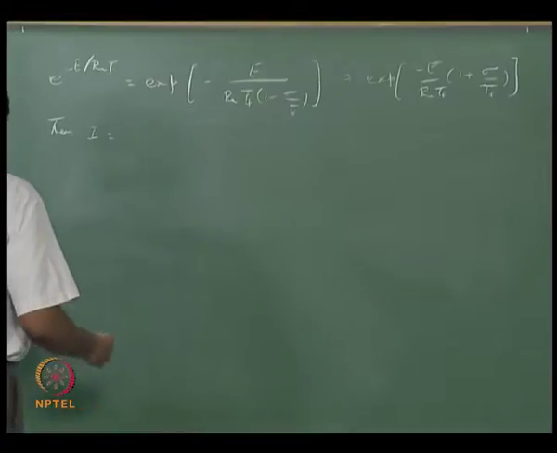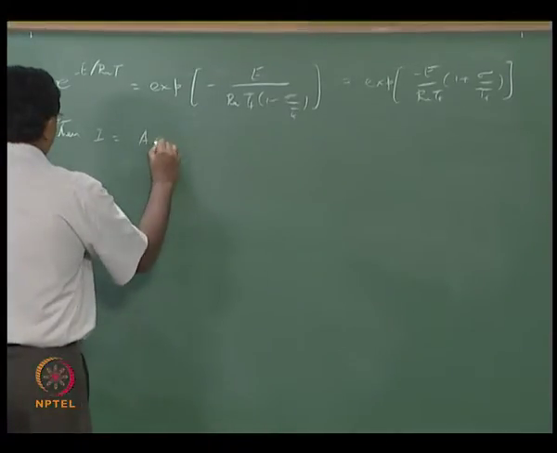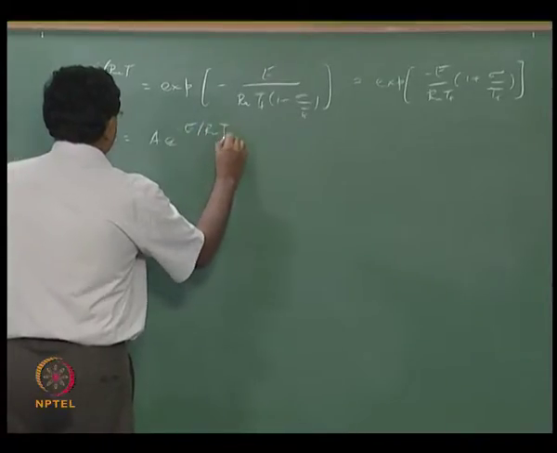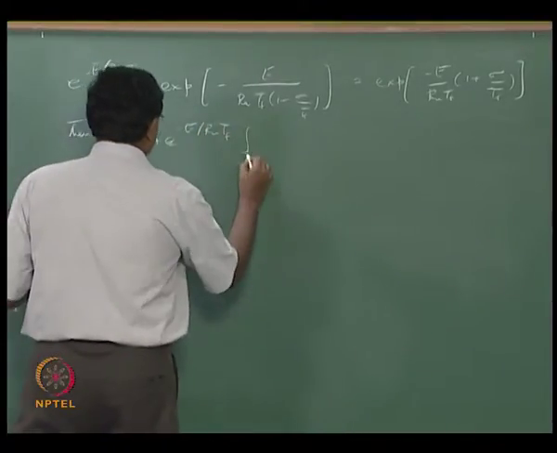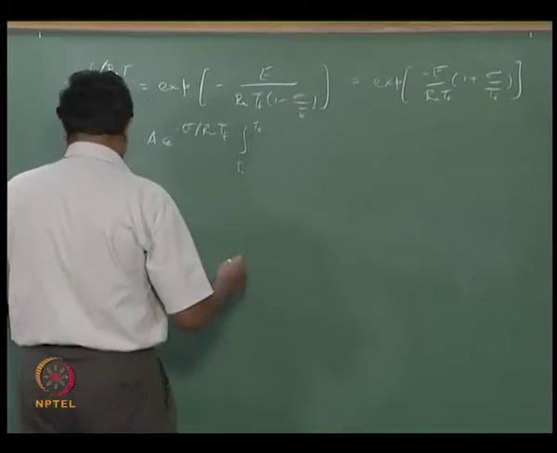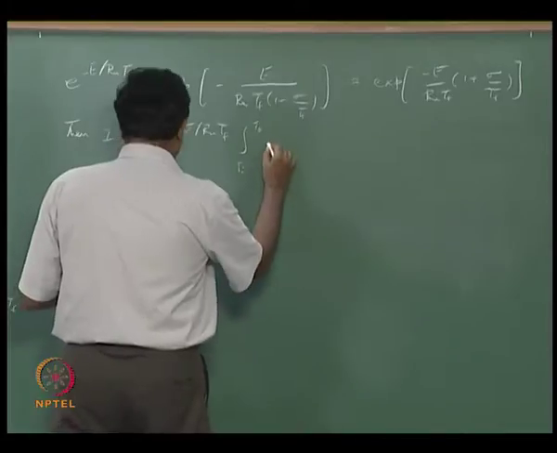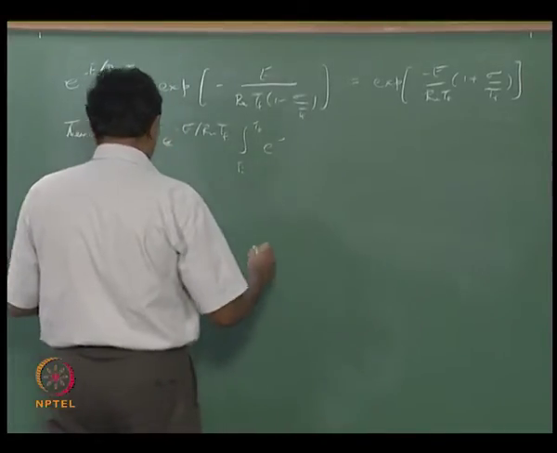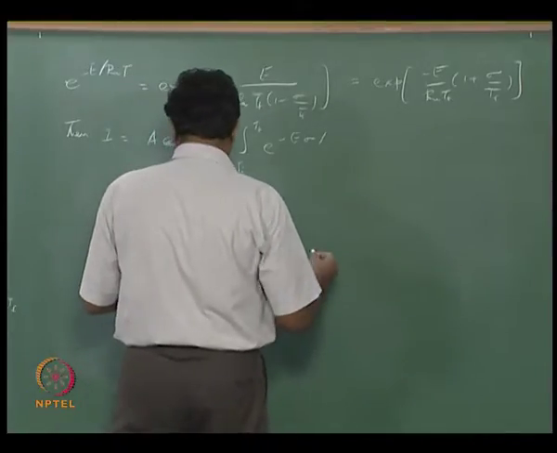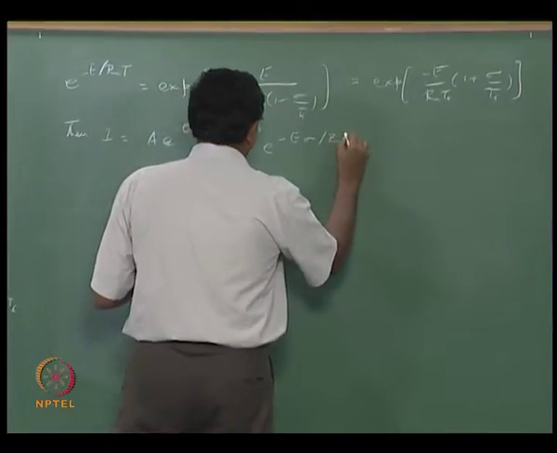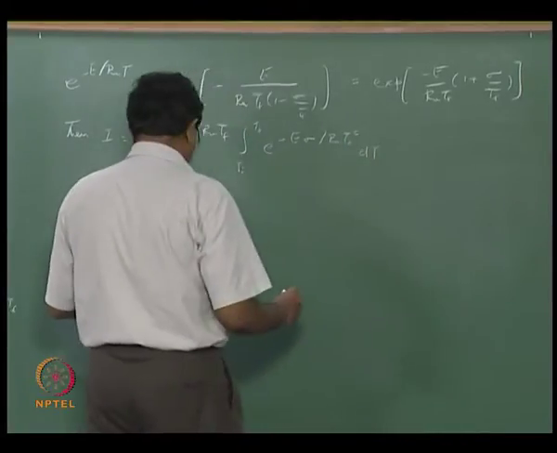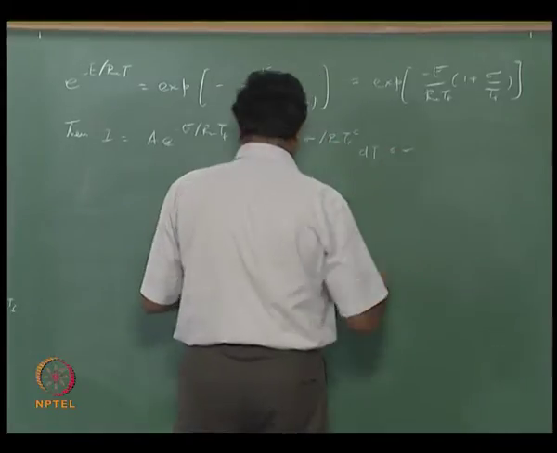Then I is equal to, you can pull out these things, Ti to Tf, e to the minus capital E sigma divided by RU Tf squared dt, whereas our integral is with respect to sigma.